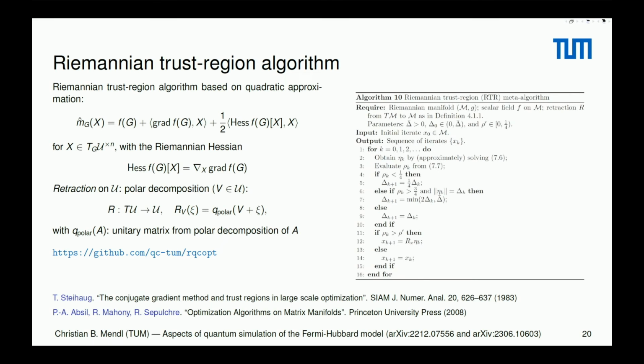But it turns out you obtain better results when you use something like a Riemannian trust region algorithm. The idea of this algorithm is that locally you approximate your target function up to second order. So you also need to compute Hessians. In technical terms this becomes a bit tedious to do, but conceptually it's not very complicated.